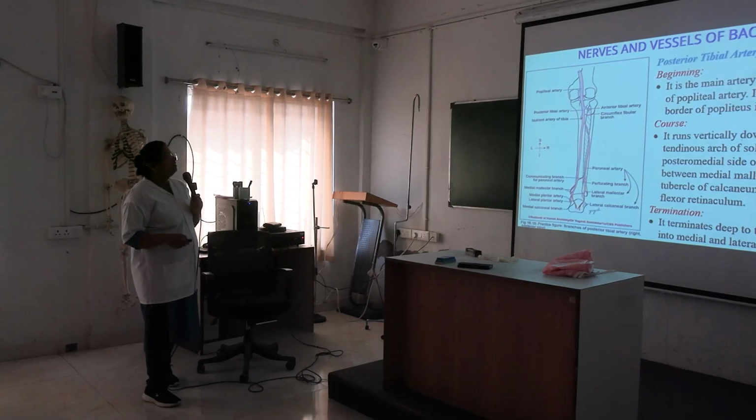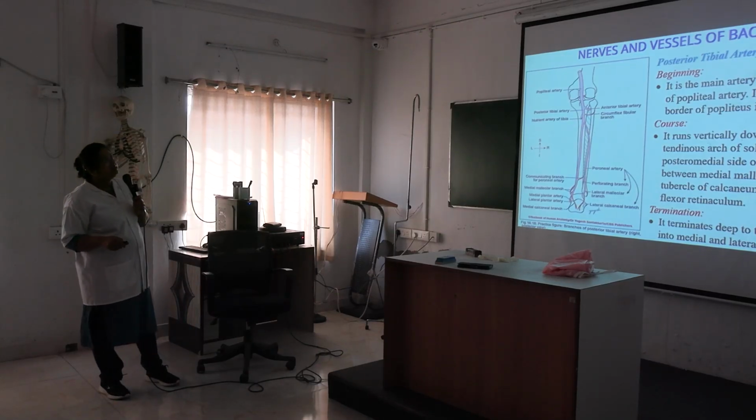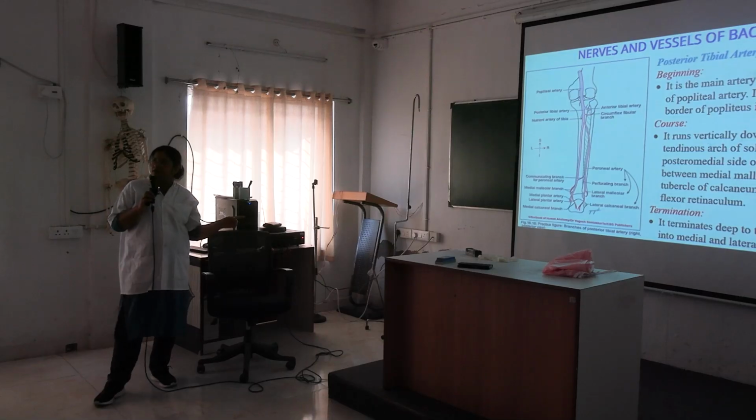The posterior tibial artery is the main artery and the terminal branch of the popliteal artery, beginning at the lower border of popliteus in the popliteal fossa. This level is important where the anterior and posterior tibial arteries arise, the lower border of the popliteus muscle; it is asked in viva and MCQs.